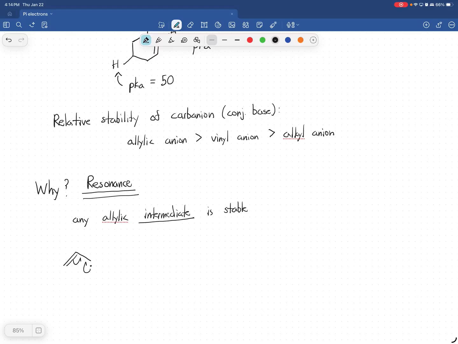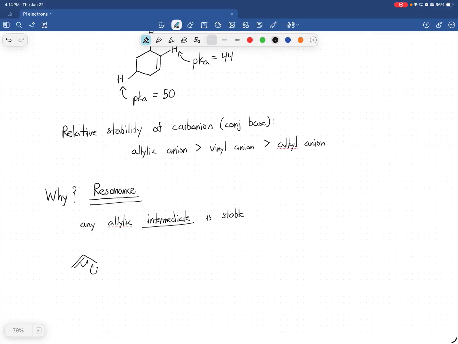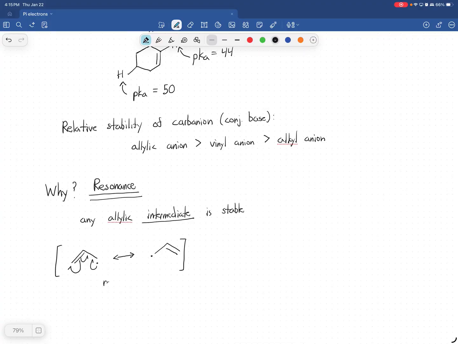Where should the last arrow point to? Yes, the far left carbon, right there. So that's my radical. So here is a radical.